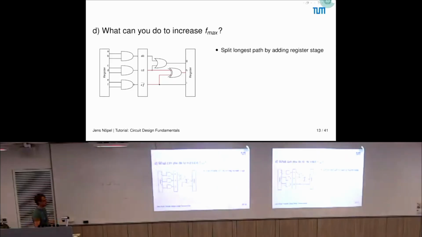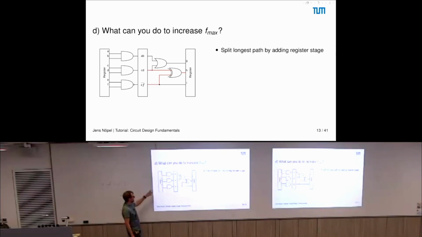So an easy option would be to just split the longest path between the register stages, because this is the only option we have, right? Because we cannot change the registers as a logic designer. That's an element we can just use as it is.